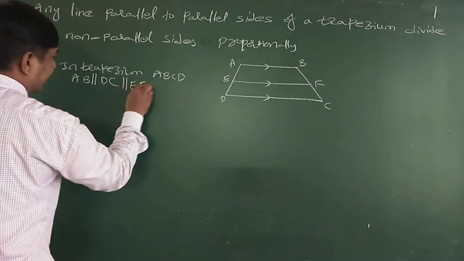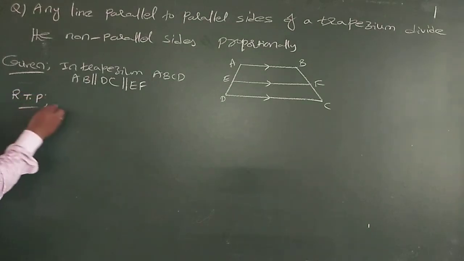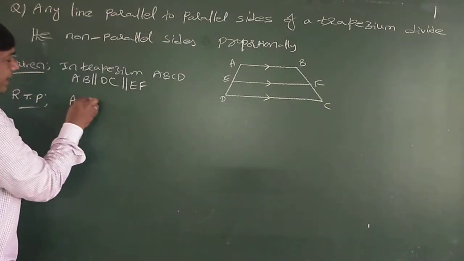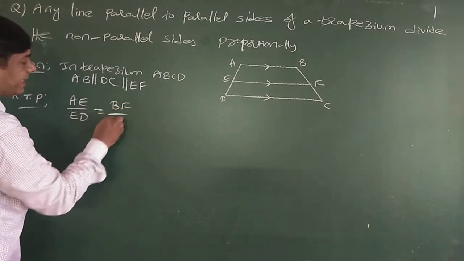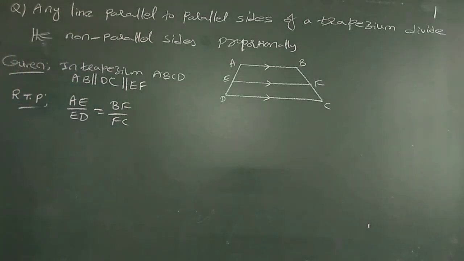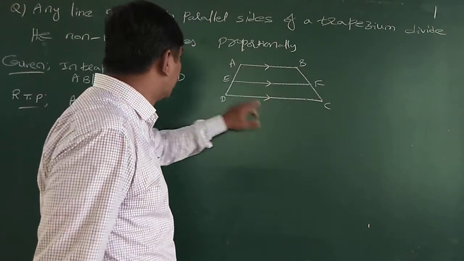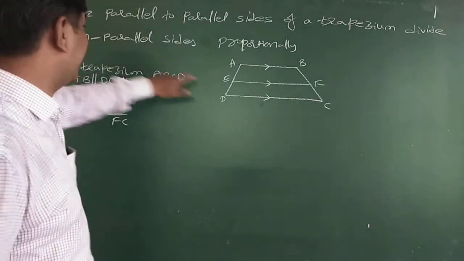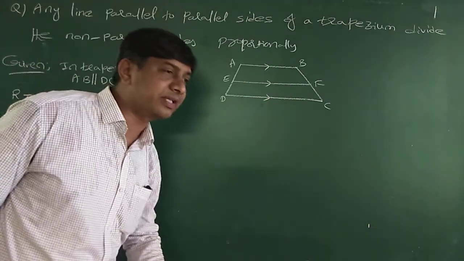All these three lines are parallel. Now what is required to prove is AE by ED is equal to BF by FC. In trapezium ABCD, AB is parallel to DC as per the trapezium rule. And as per my question, line EF is parallel to DC, which means it is automatically parallel to AB also.